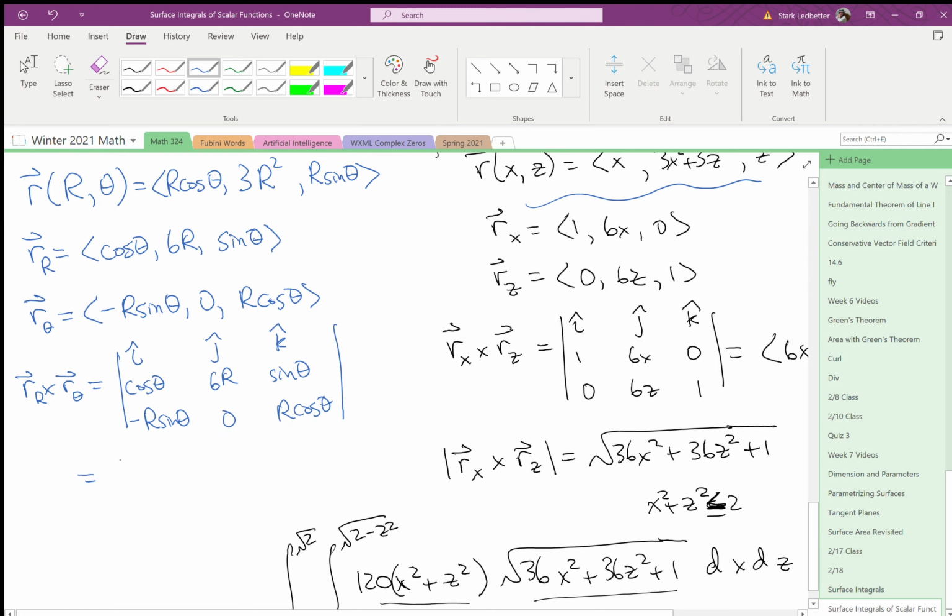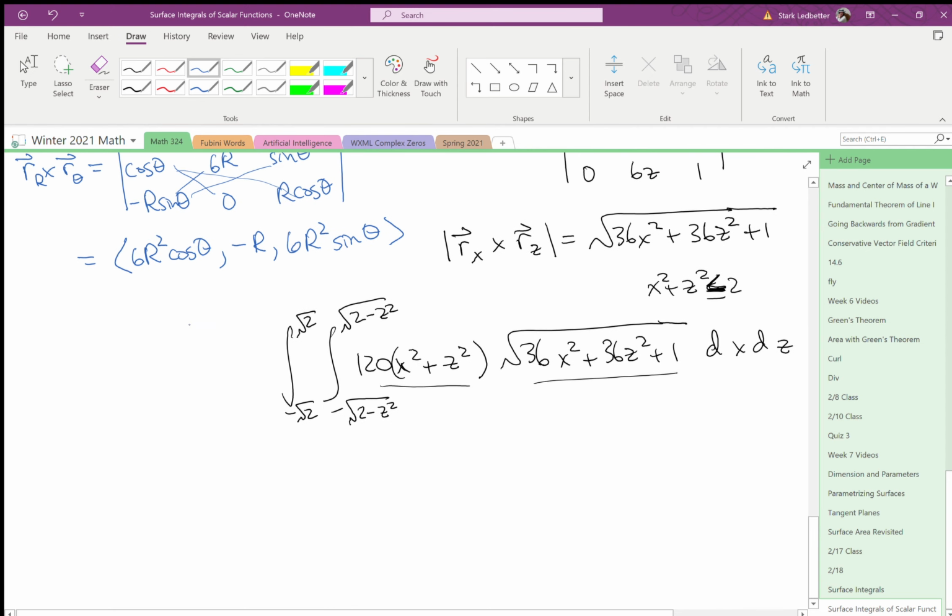Let's see, that is going to be 6r squared cosine theta, comma, and this is r cosine squared theta plus r sine squared theta, so it's r, and then j comes, remember, with this alternating minus sign. So I am going to end up with a minus r here. And then in the k coordinate, I have 0 minus negative, so positive 6r squared sine theta.